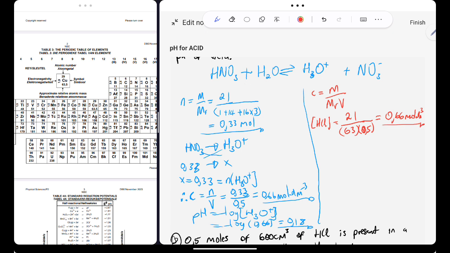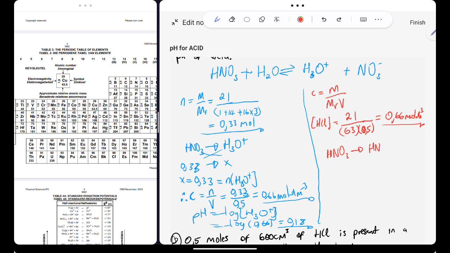I can use my stoichiometric calculations. I know that 1 mole per cubic decimeter of HNO3 will give me 1 mole per cubic decimeter of H3O+.